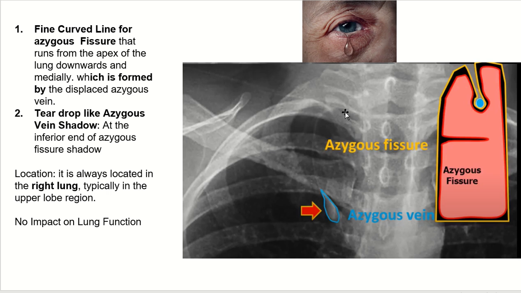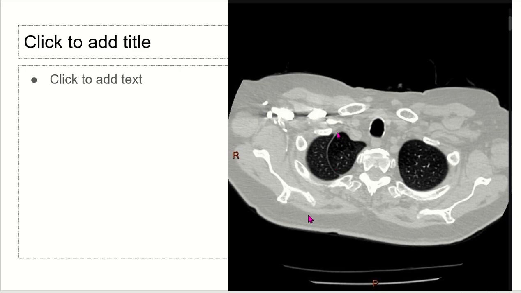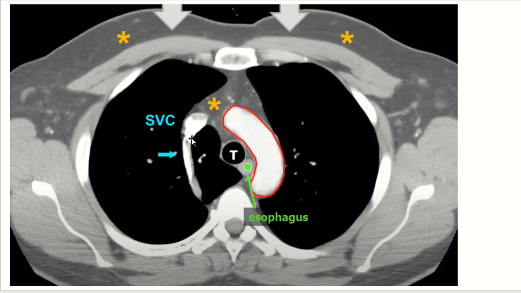X-ray feature: a curved line and a teardrop-like azygous vein shadow. This is the azygous fissure and this is the azygous lobe, and this is part of the upper lobe of the right lung. Superior vena cava, azygous vein, azygous lobe, azygous fissure.